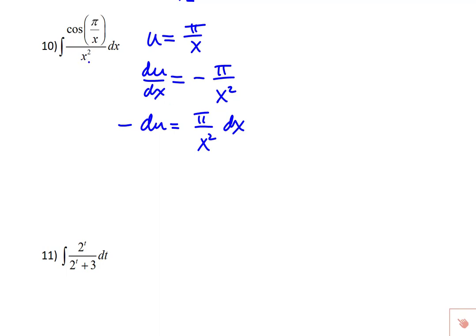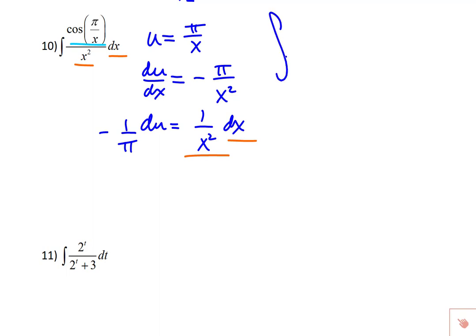But notice the pi as a constant is not a constant in our original integrand either, so we'll divide both sides by pi and make this really a negative 1 over pi du on the left side equals 1 over x squared dx. Now we can replace the 1 over x squared and dx with those pieces in our original integrand, which leaves cosine of u above it, which means everything is represented.